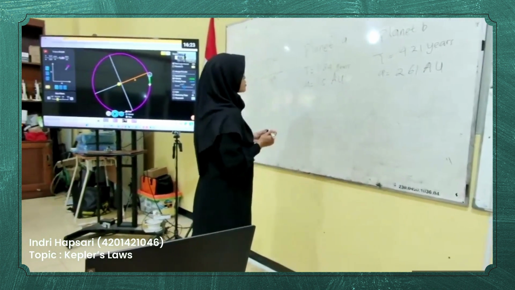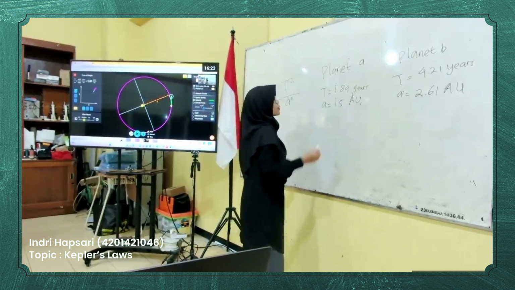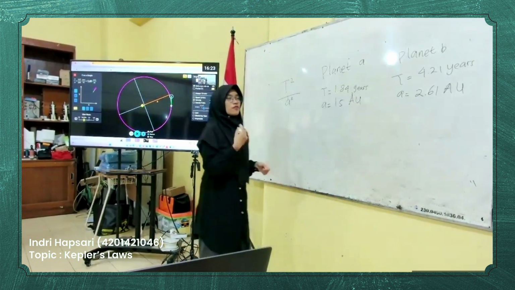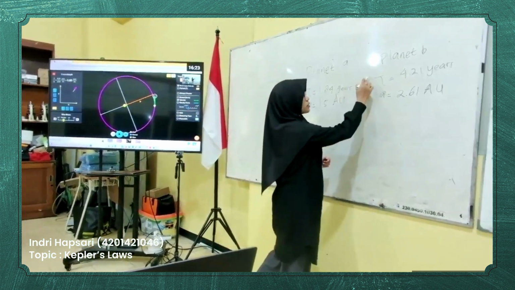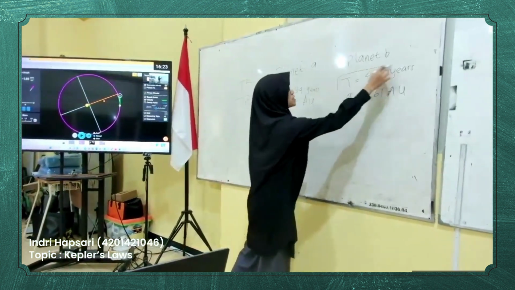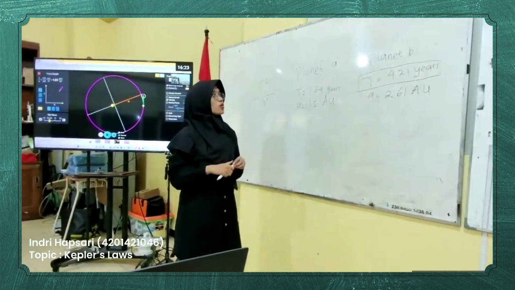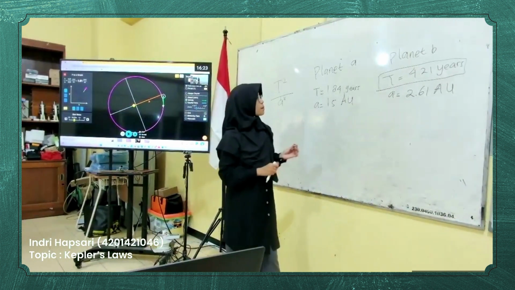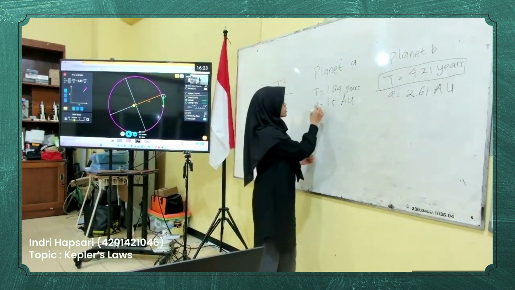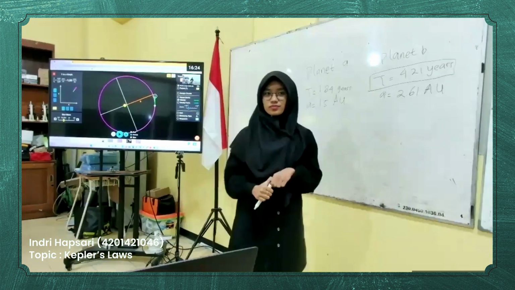From this comparison, we can conclude that when the planet is farther from the sun, the orbital period is bigger than before. So it's actually the same as Kepler's third law.